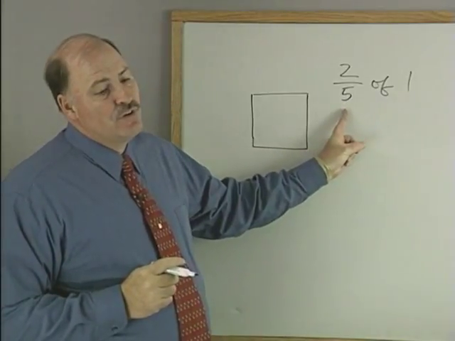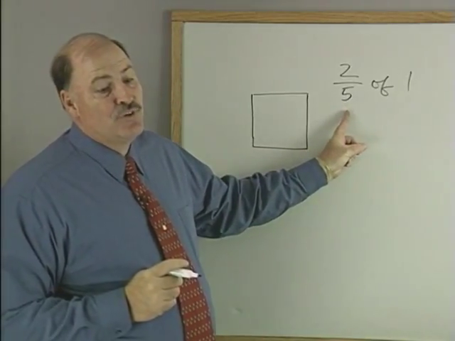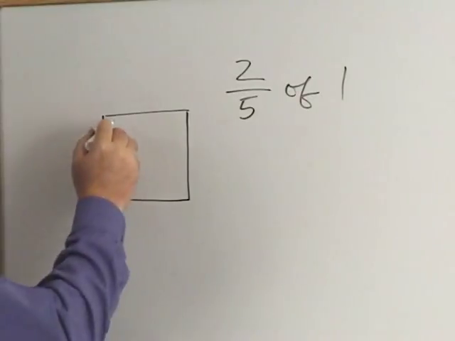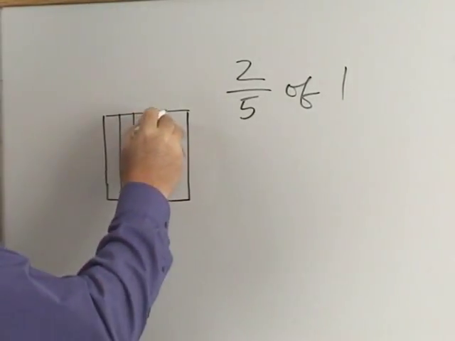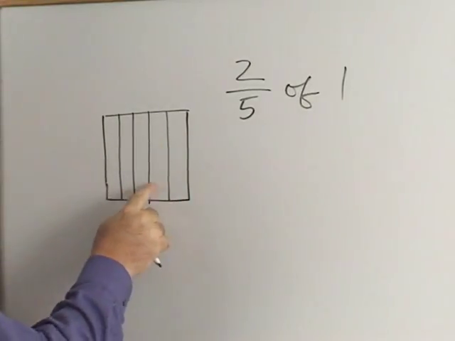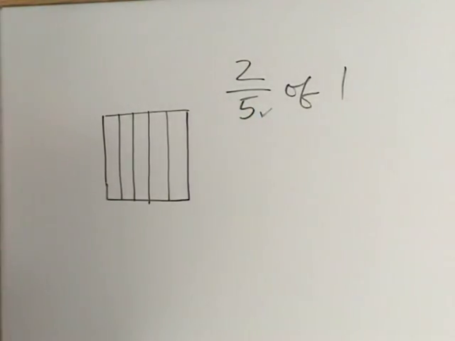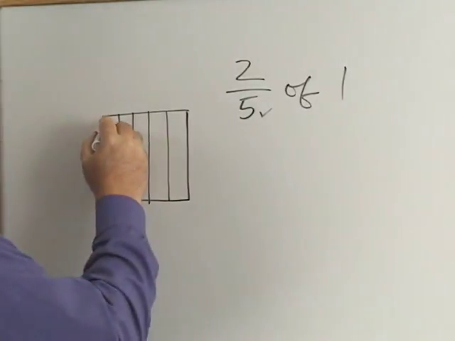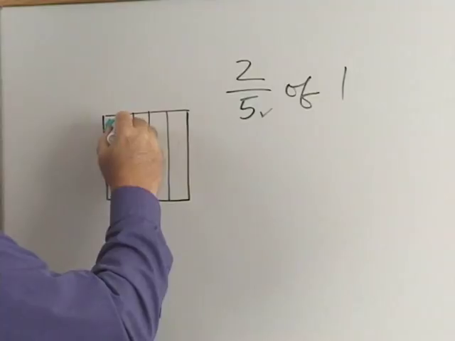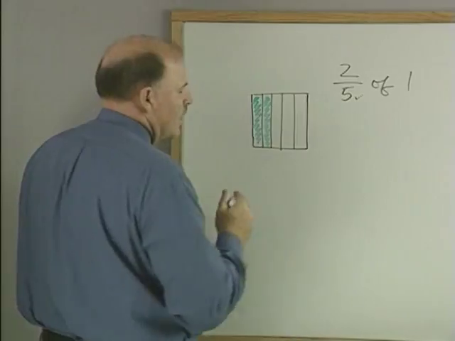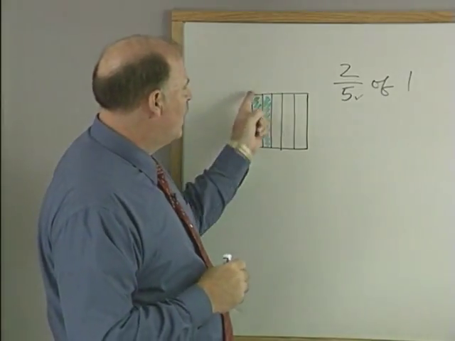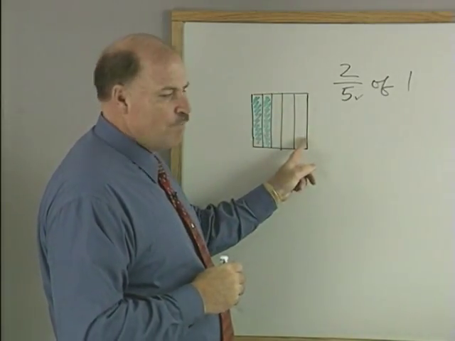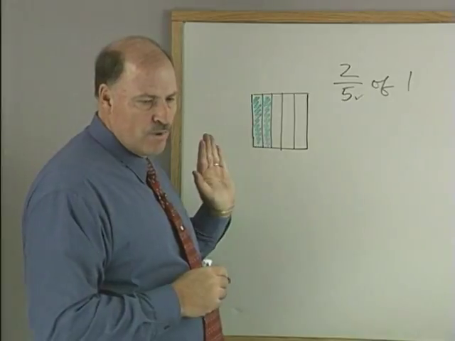What's this 5 do? Divides it into 5 equal parts. To do that, I'm going to have to draw 4 lines, right? 2, 3, 4 lines. And now I have 5 parts, so I've done that. And then how many of those parts do I want? 2. So I'm going to color in 2 of those parts. And that's 2/5 of 1, right? We started with 1, divided into 5 equal parts, and then we're counting 2 of those parts.